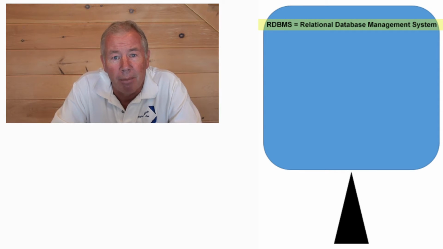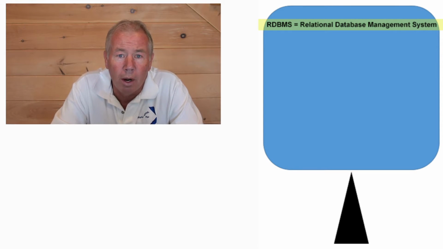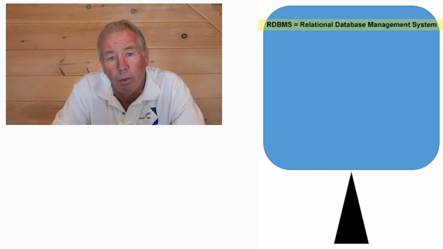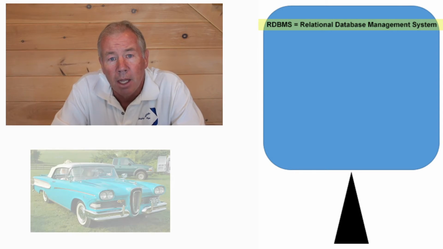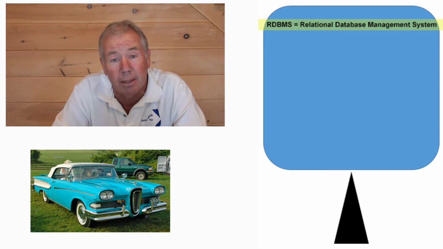All right, our first term, RDBMS, Relational Database Management System. That collection of software which allows us to implement a relational database. Guys, these things are old as dirt. They precede me, and that's saying something.